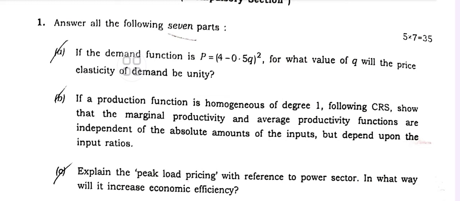So the equation will look like this: minus Q by 4 minus 0.5 Q equals 1.